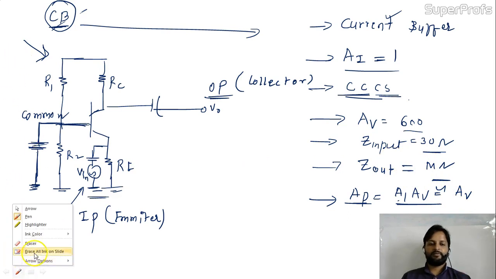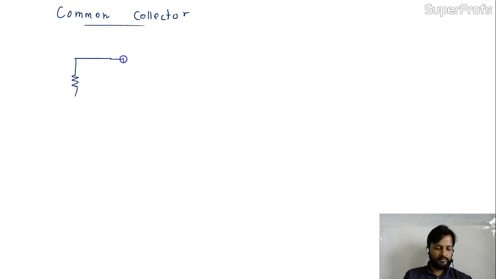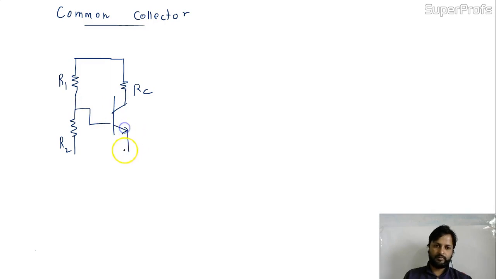Now I'll talk about the common collector. In the common collector configuration, see, RC, R1, R2, here I'm taking the output V0.